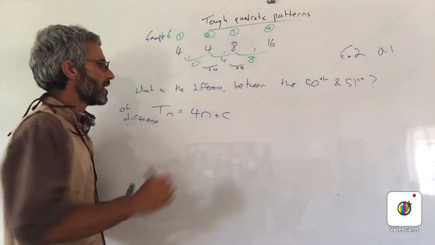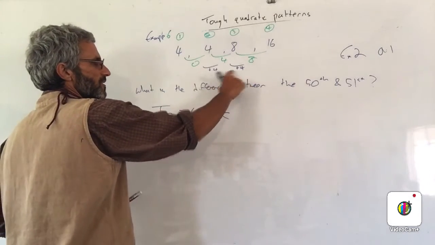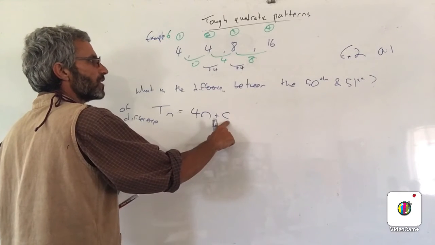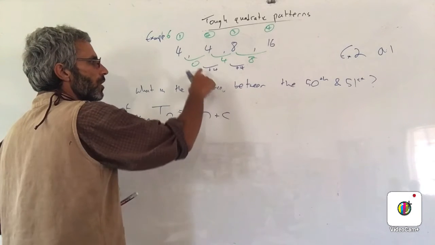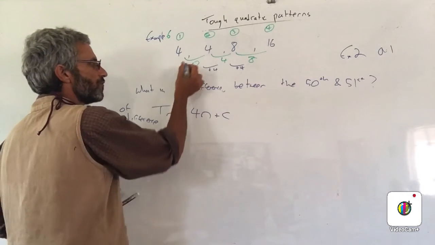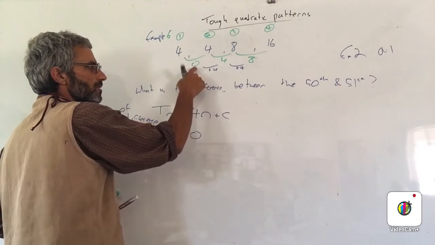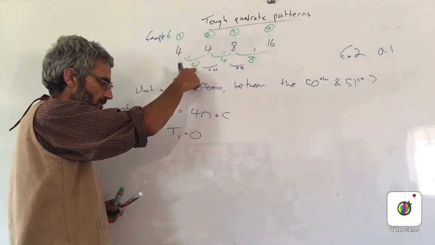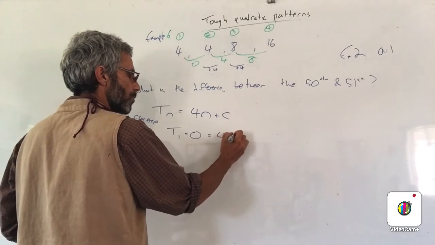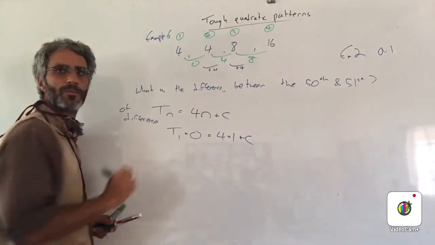So we put the differences here, times n, plus a correction term. How do we find the correction term? The first term of the differences is 0. So that must equal 4 times 1 plus c.